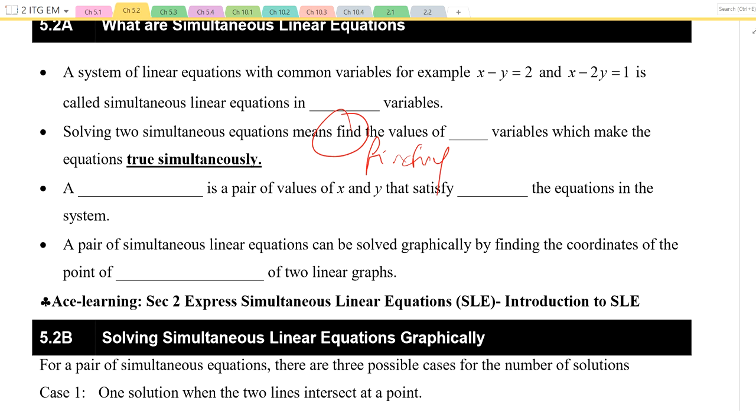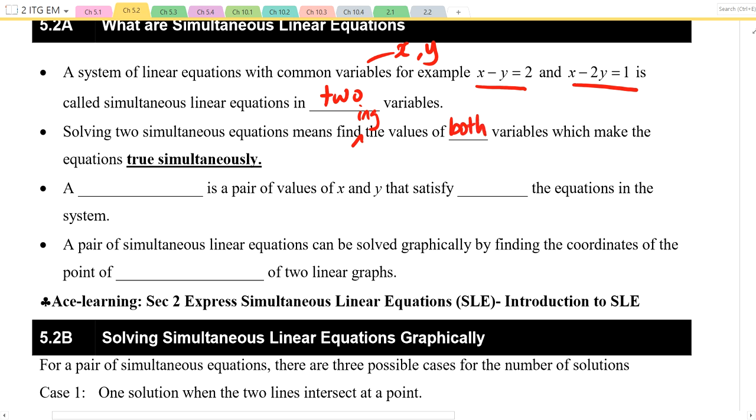Now, simultaneous equations. A system of linear equations with common variables, such as this is one equation, this is another equation. The common variables over here will be x and y. They are called simultaneous linear equations in two variables. There are two variables, they are x and y. So solving simultaneous equations means finding the values of both variables which make the equations true simultaneously.